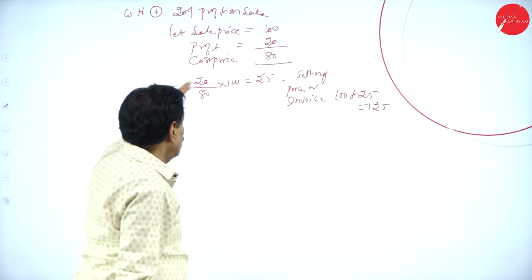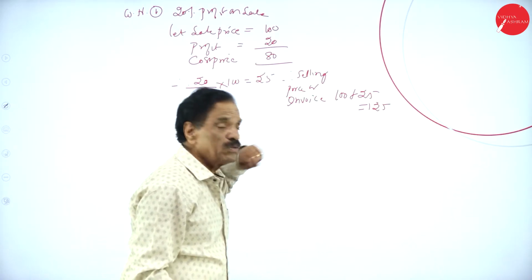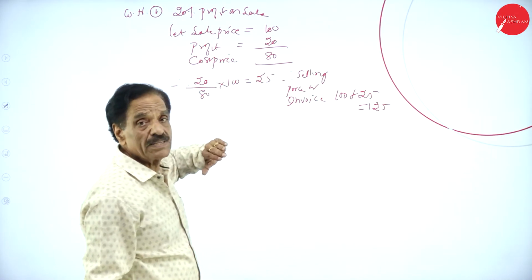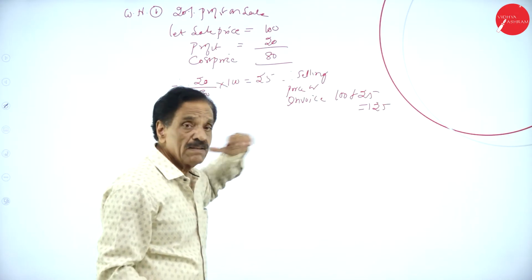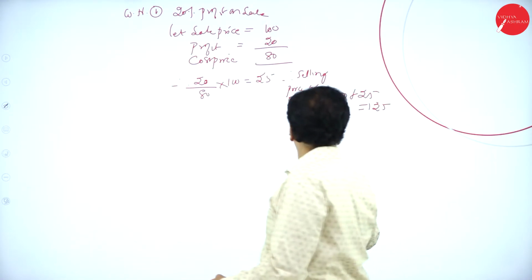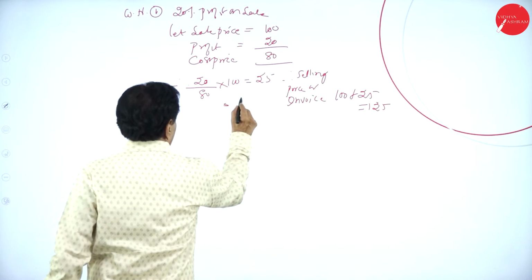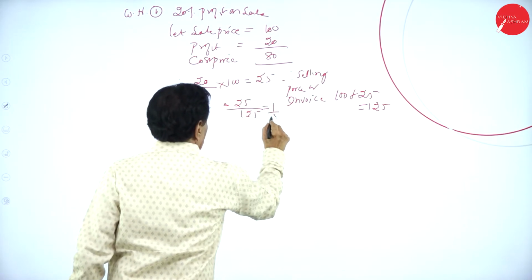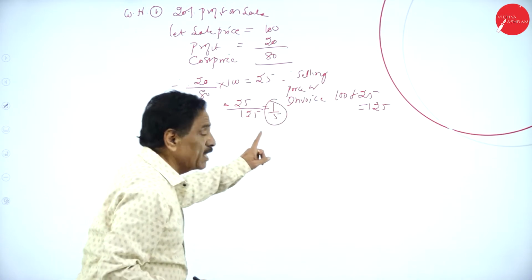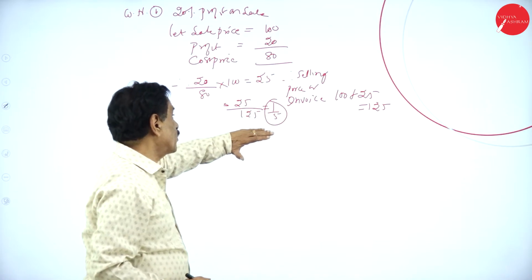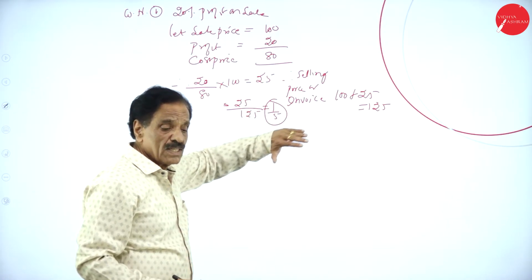So 25 by 125 is 1 over 5. So you have to calculate the stock reserve. This is nothing but 25 by 125, nothing but 1 over 5. So 5 is the invoice price, 1 is the profit, 4 is the cost price. 5 is equal to 100, 5 minus 1 is 4, which is the cost price.